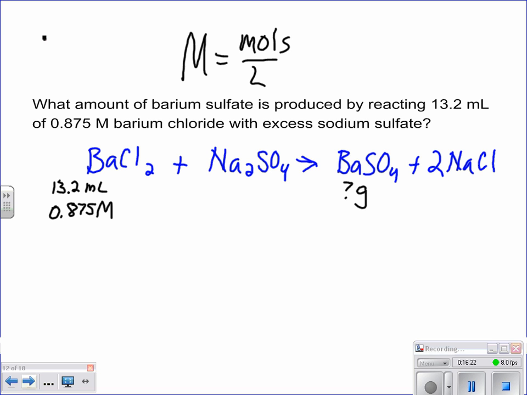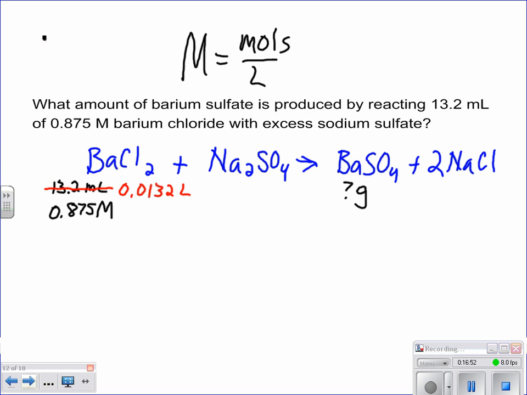I would probably just keep it written like that when I write it underneath, but for the sake of this example, so you guys can think about what you're going to be doing in these next steps, maybe you want to rewrite these. Instead of having it as milliliters, what would be a better unit for this? Liters. So 0.0132 liters. All I did was move it 3 places to the left.